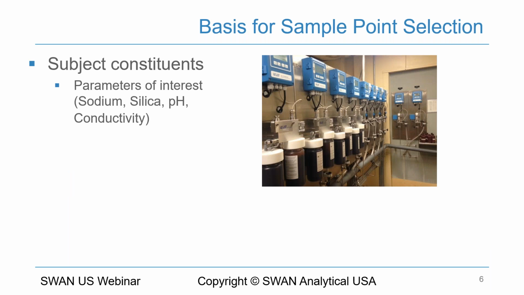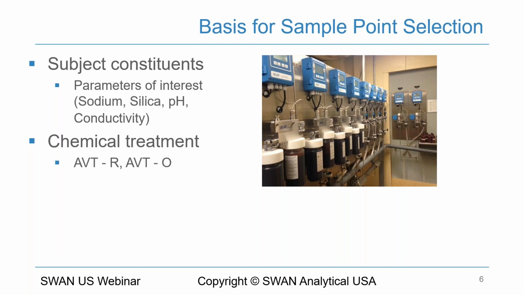So, we also want to look at what the subject constituents are. What parameters are of interest for the application? Are we looking for sodium or silica, pH, conductivity, chlorine or turbidity, or are we looking for the verification of disinfectant? What is the chemical treatment that we're operating under?